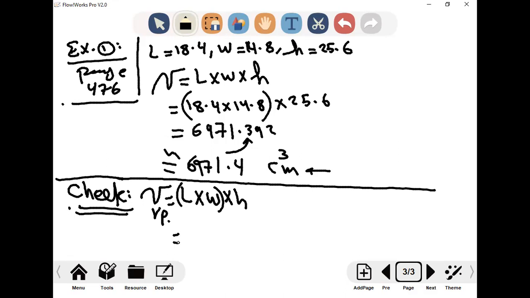This is equal to the length 14 and 1 over 4, multiply the width 9 and 1 over 4, multiply the height 7 over 8. Of course, turn the mixed numbers to fractions, then multiply up, multiply down. We know this idea before.